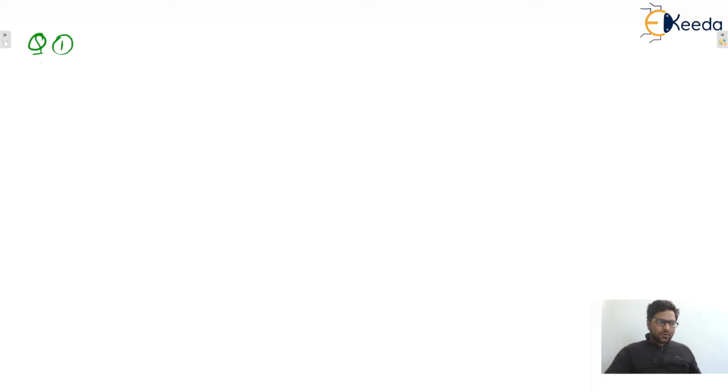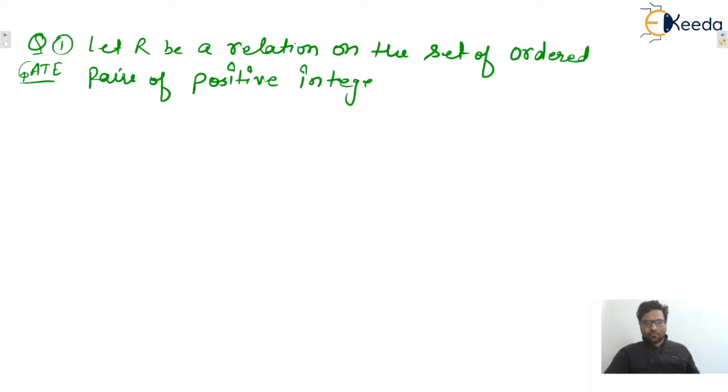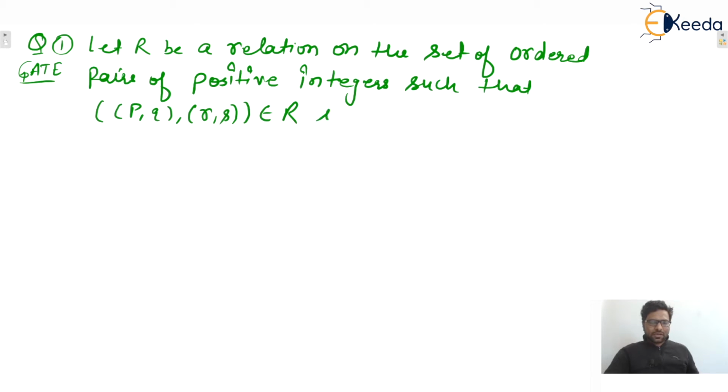Let us consider this question, which was in a previous year GATE examination. It is given that let R be a relation on the set of ordered pairs of positive integers such that (P, Q) and (R, S) belong to relation R if and only if P minus S equals Q minus R. That is given.